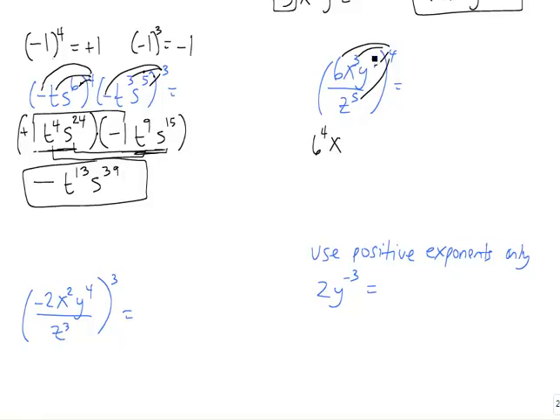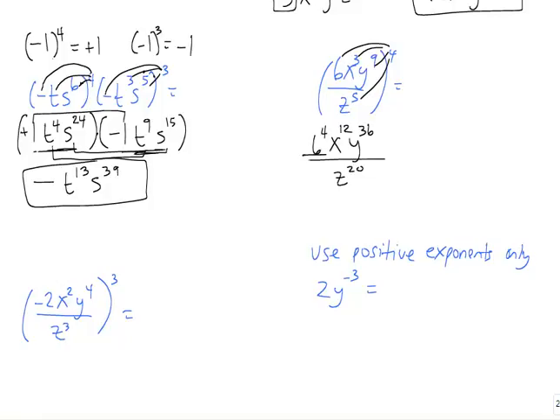X cubed raised to the 4th is a power to a power, so we want to multiply 3 times 4 and get 12. 9 times 4 would be 36, so this will be y to the 36. And 5 times 4 is 20, so this will be z to the 20th. Now I don't really have any more x's, y's, or z's to combine. There's only one term of each.